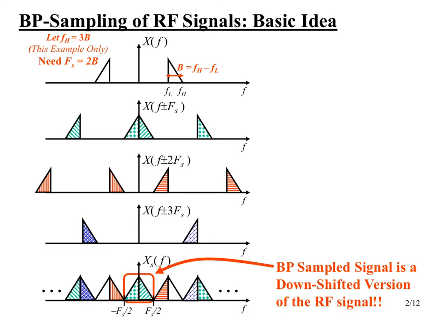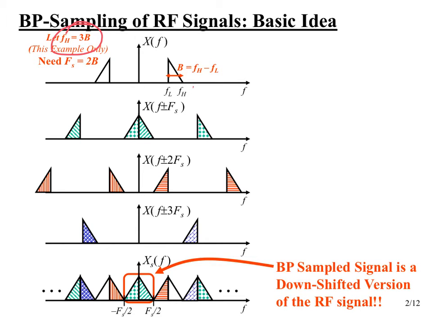So suppose we have a signal here that has a bandwidth B, so we're looking at FH and FL here, and the difference between them is B, and we're also looking at a particular case where FH is strictly equal to 3B.